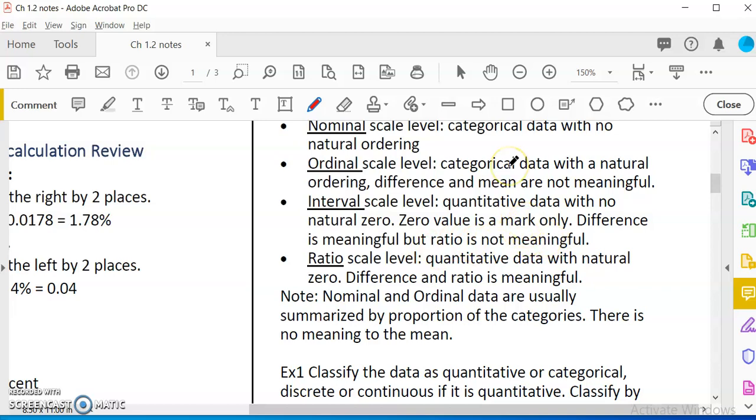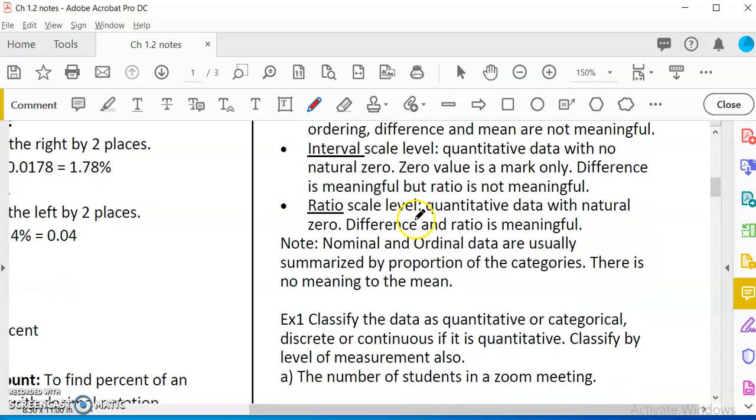A common interval scale would be temperature. When we say 0 degrees, it doesn't mean that there is no temperature. It's just at that point where it's 0 degrees. So you can have -1, -2, right? Negative is possible. Positive is possible. And 0 is just a mark.